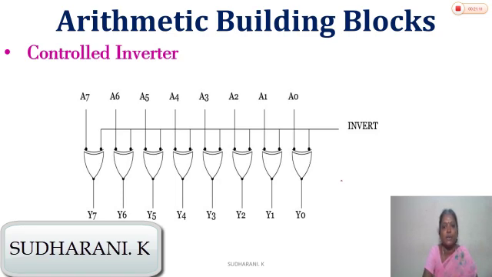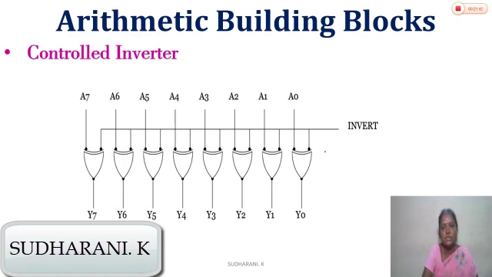So in this example, we are considering the 8-bit input. The main building block used here is the exclusive OR gate. The control signal invert is given as input to all the exclusive OR gates. The second input of the exclusive OR gate is the inputs.